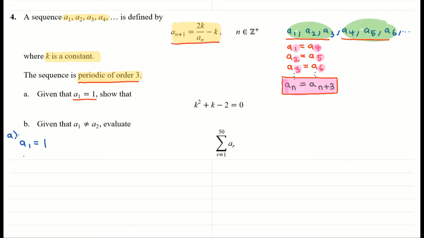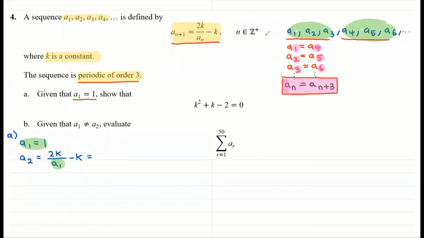We know that A2, using the recurrence relation, is equal to 2k divided by the previous term A1, with k subtracted. Now we can sub in A1, can't we? Because we've been given that. So I can replace that with 1.